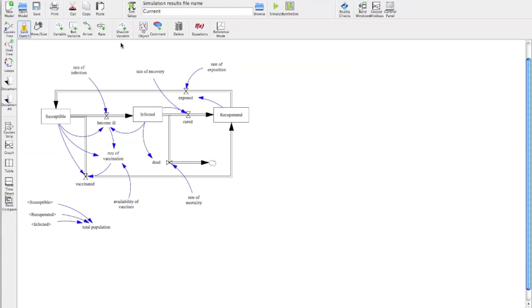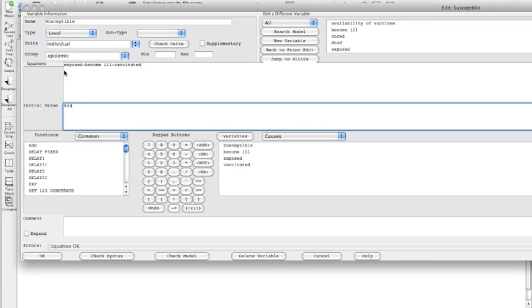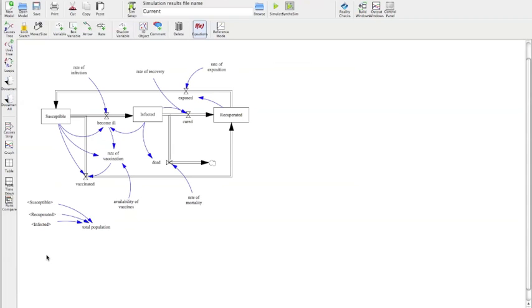Let's take a look at some of the variables here. Let's take a look at the susceptibles and what goes out of that. Let me look at the equations. So susceptibles are equal to the exposed minus the ones that become ill minus the vaccinated. There's an initial value of 900 in this population, and the units are individuals.